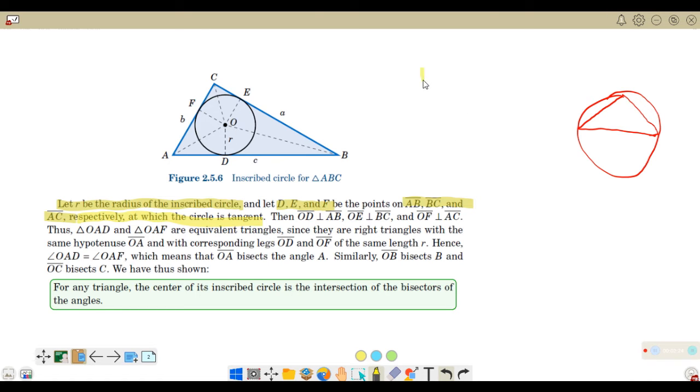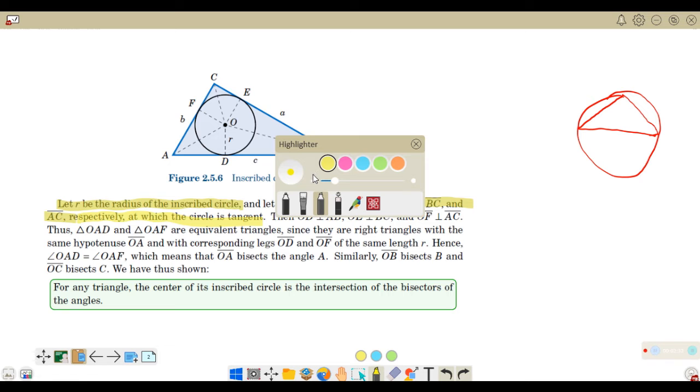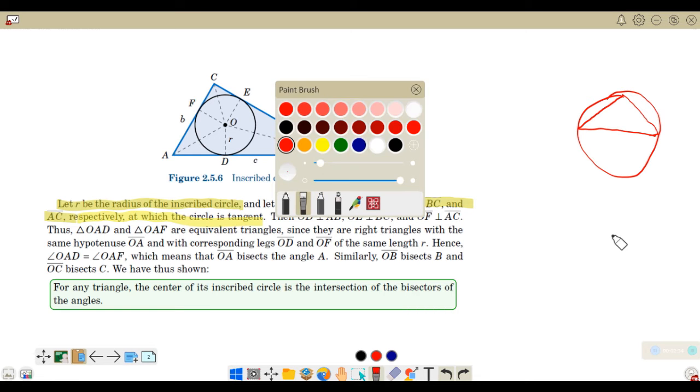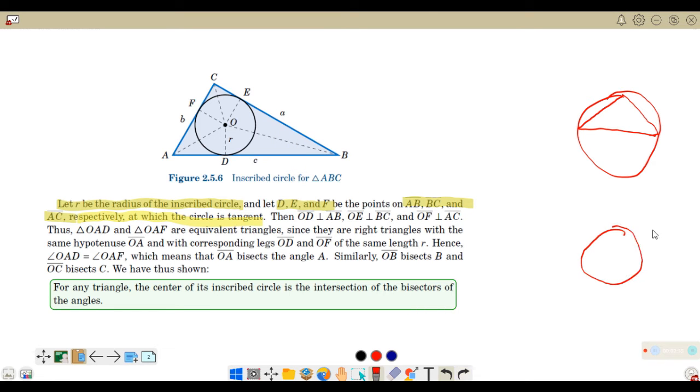When we say tangent, I forgot to put it in the basic parts of circles before. When we say tangent, it will only intersect the circle at one point.